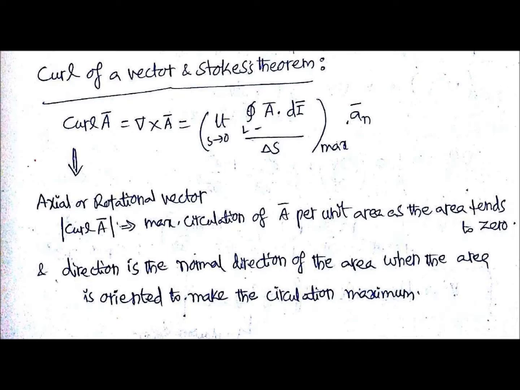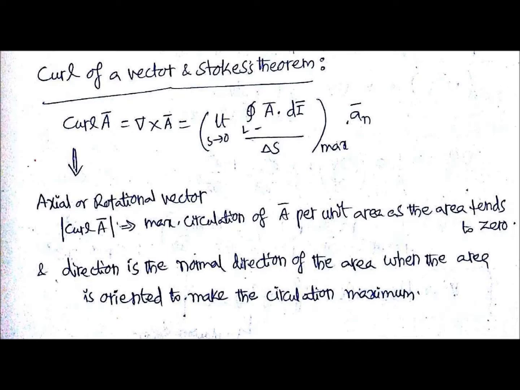So the curl of a vector a bar is given like this. It is nothing but limit s tends to 0, line integral, that is circular line integral a bar dot dl bar divided by delta s, dot product with an bar.